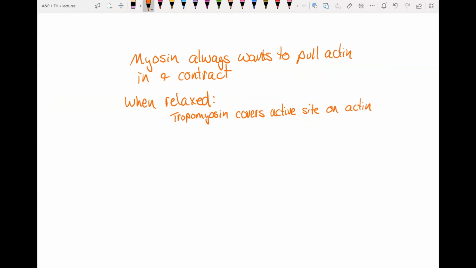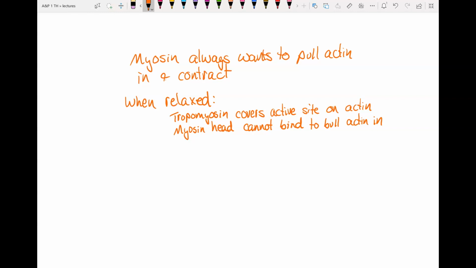As long as this site is covered, that means the myosin head cannot bind. And therefore, myosin can't pull actin in and the muscle can't contract. So the muscle is relaxed.